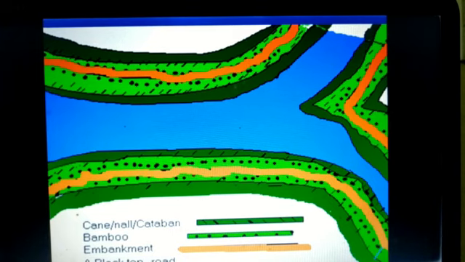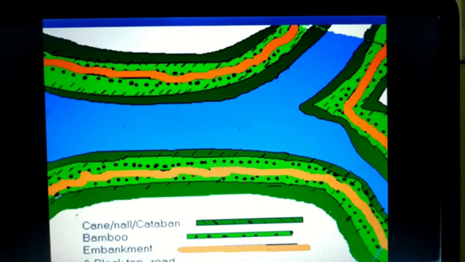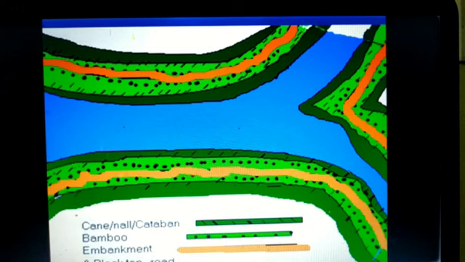If you can plant bamboo, cane and reeds here, on one side it will protect our embankment and protect our countryside, the paddy fields, etc. And how we can utilize the vertical distribution.